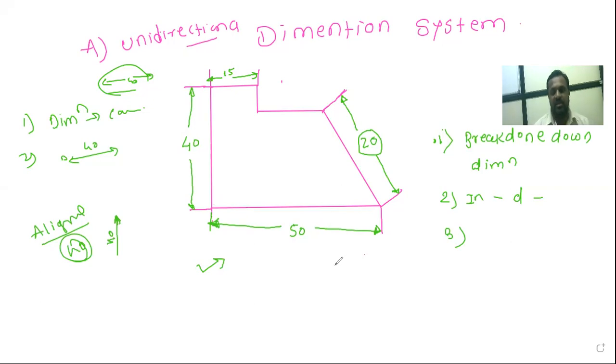And here the dimension number should be vertical like this. And the other point you can easily understand in the unidirectional dimension system.